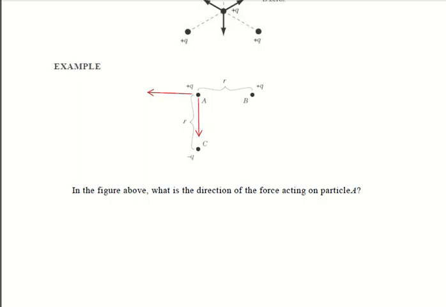Remember, when you add vectors, you want to do it tip to tail. So we have our downward vector here, and we're going to add to that the vector that goes off to the left. So where did we end up? We started here, went down and across. We ended right over here.